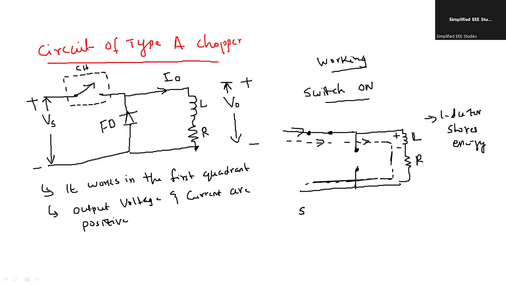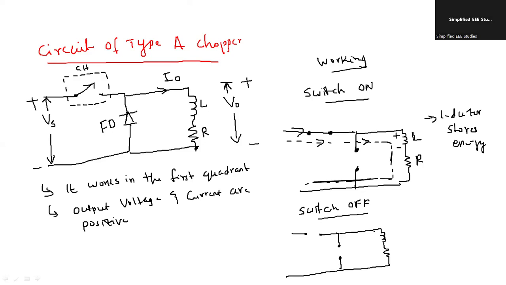Now switch is in off condition. So whenever switch is off condition, you mark like this, correct? It is in the open condition. So you keep like this, inductor and the resistor.